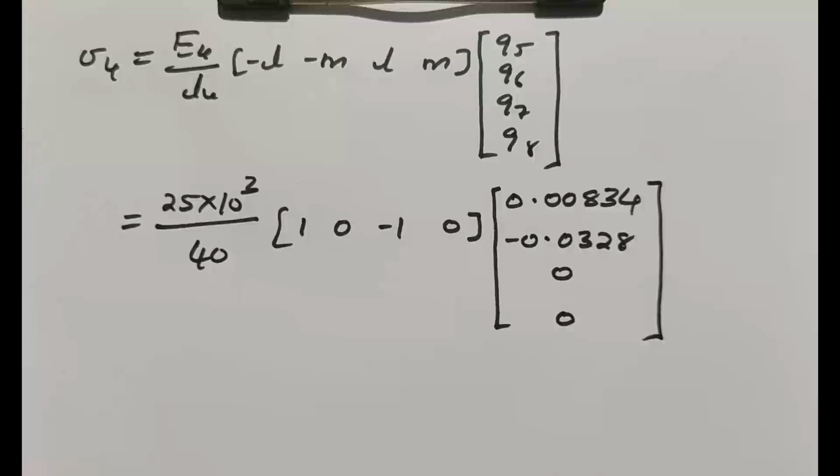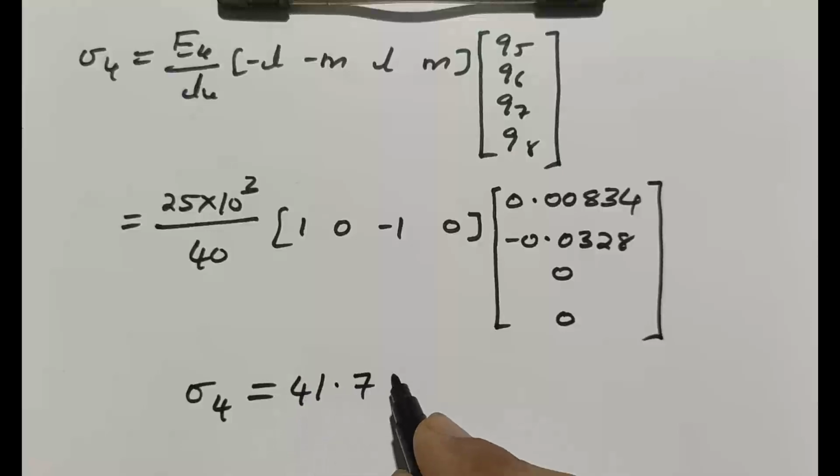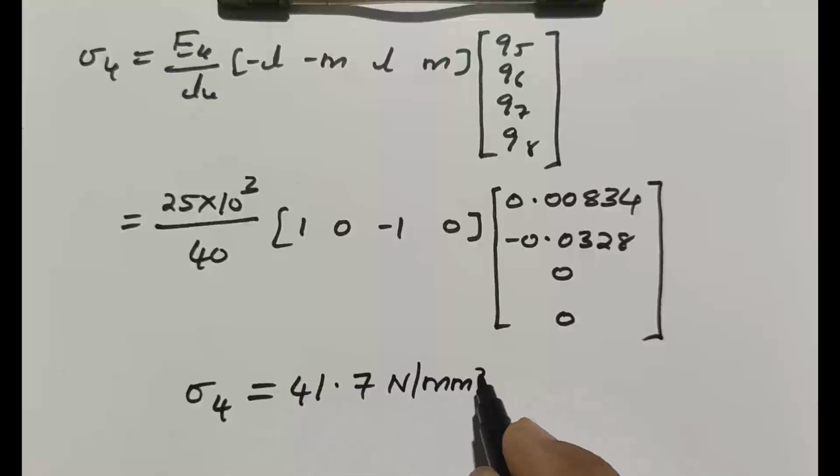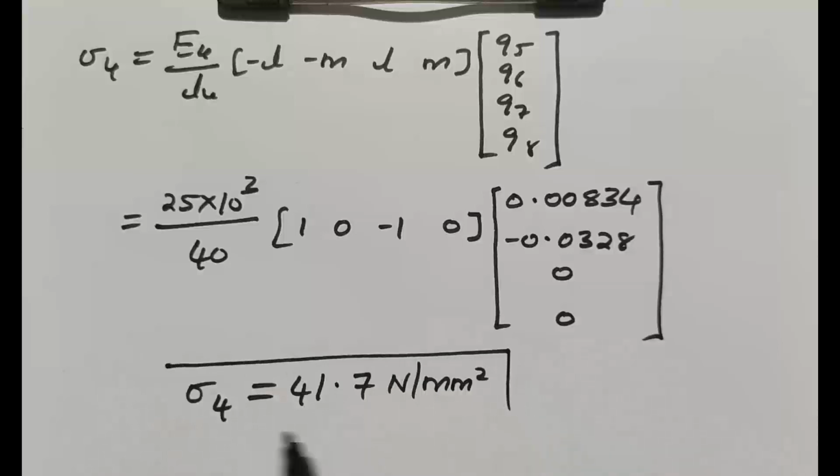If you simplify this, we will get sigma 4 is equal to 41.7 Newton per mm square. This is the stress in element number 4.